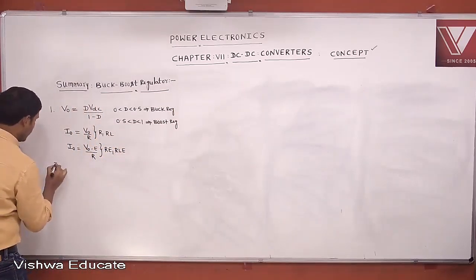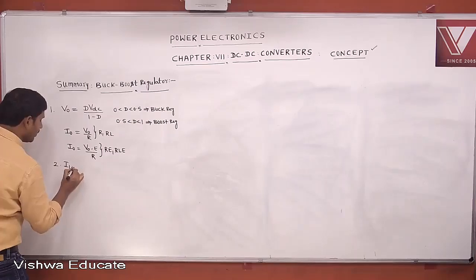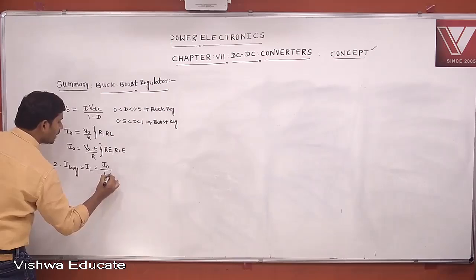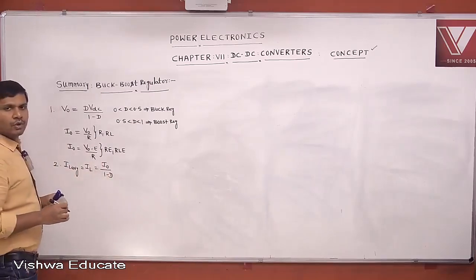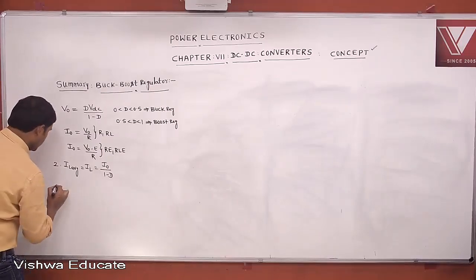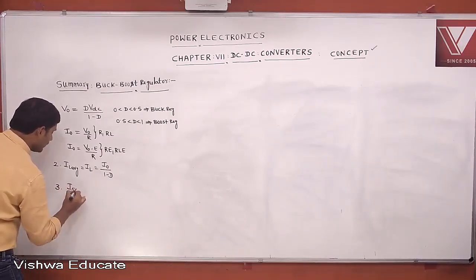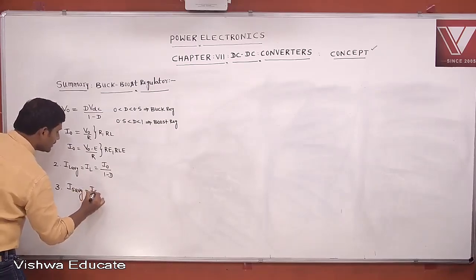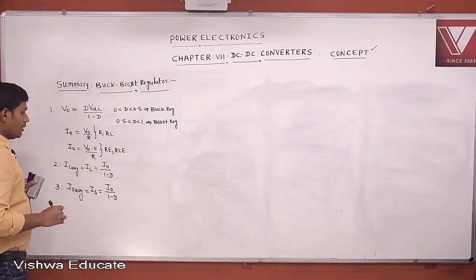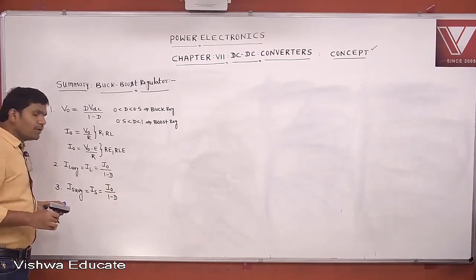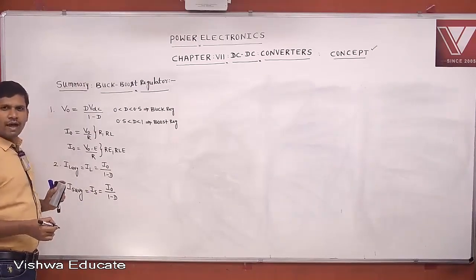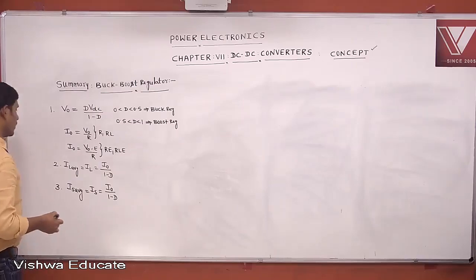Second one, what is IL average equal to? IL equal to I naught by 1 minus D. I am not considering any negative sign here. Generally it is I naught by 1 minus D. Third one, IS average equal to I naught by 1 minus D. This formula you derived, the average source current based on input and output power.